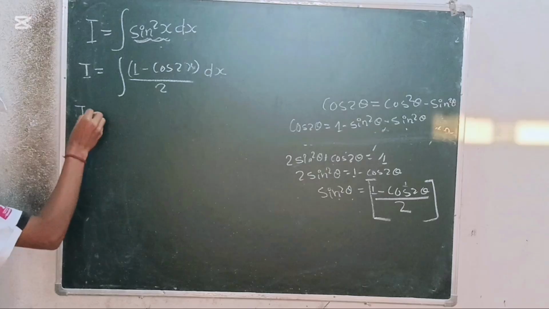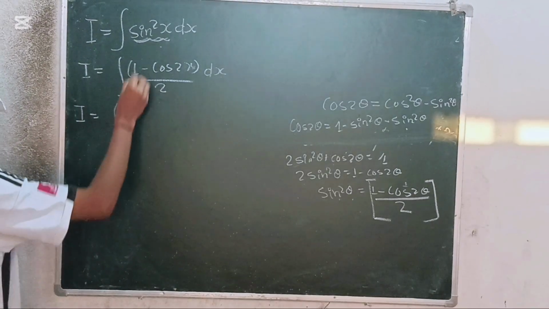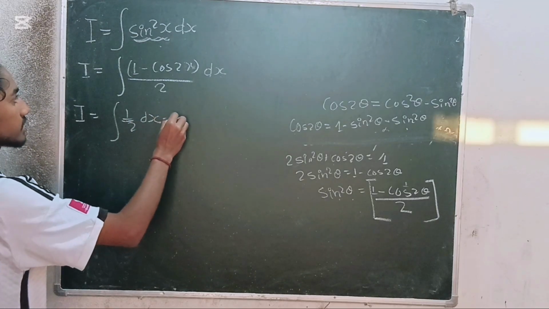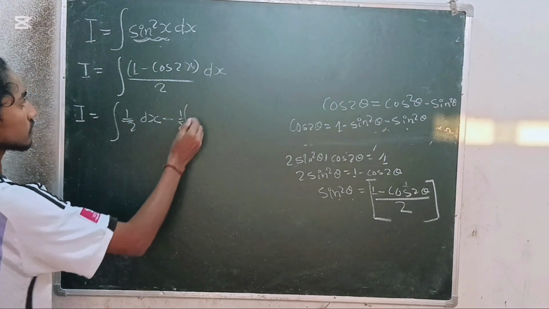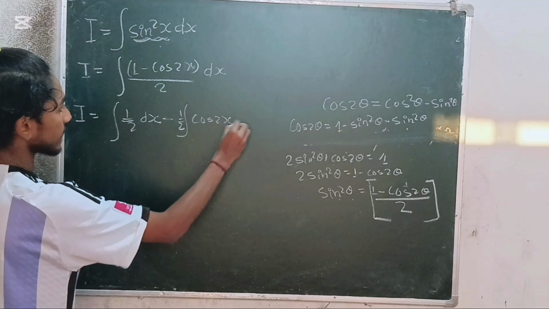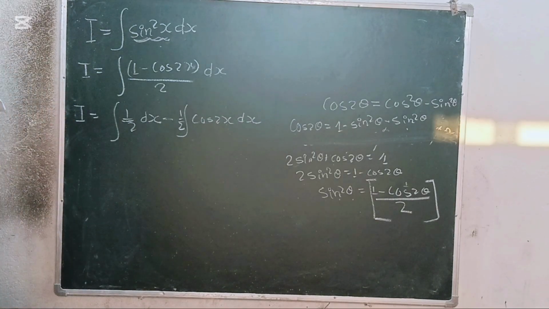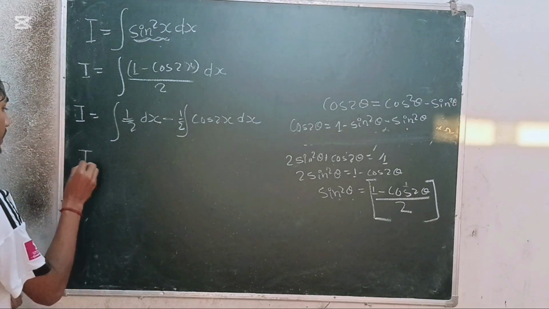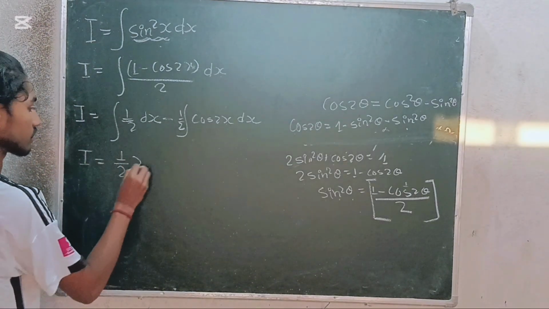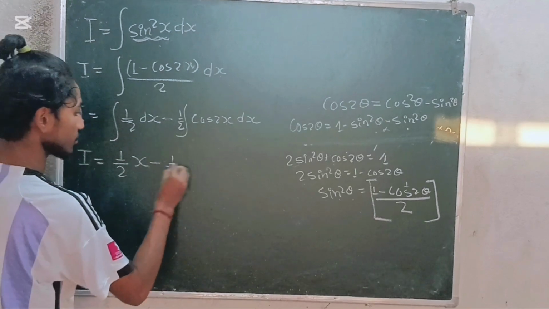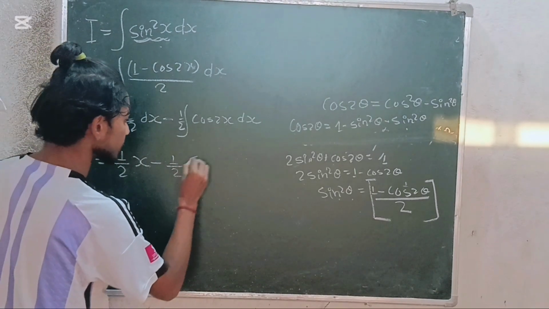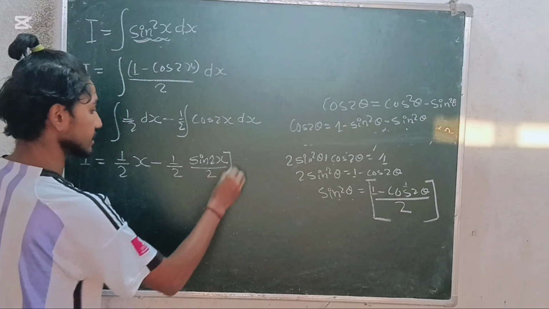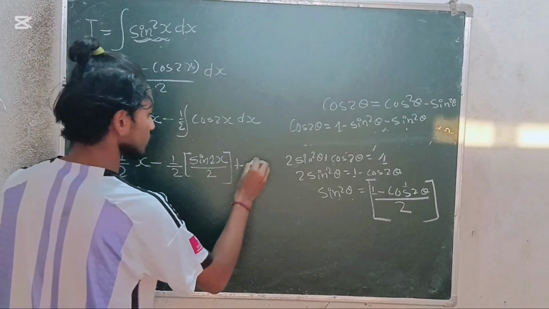Now I is the integral, and if I separate the integral, I get 1 over 2 dx minus 1 over 2 cosine of 2x with respect to x, and it is easier to solve. So I is 1 over 2 x minus 1 by 2 times the integral of cosine, which is sine of 2x divided by the coefficient of x, and you get some constant c.